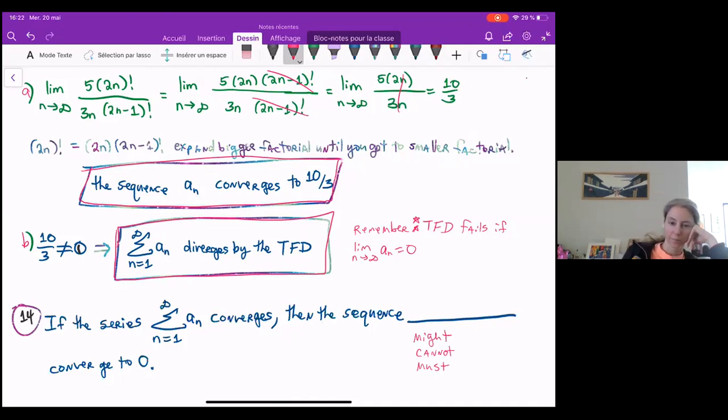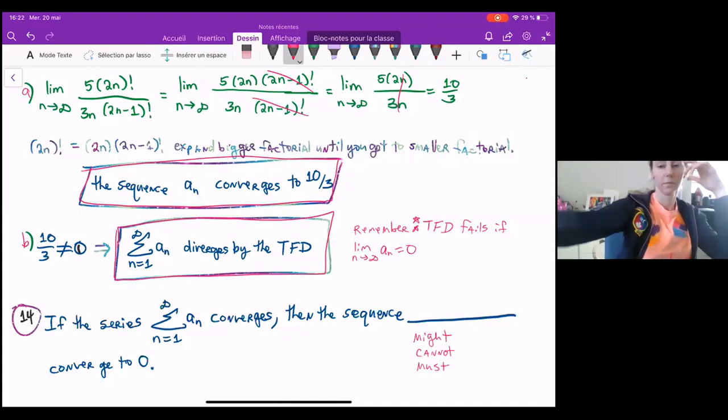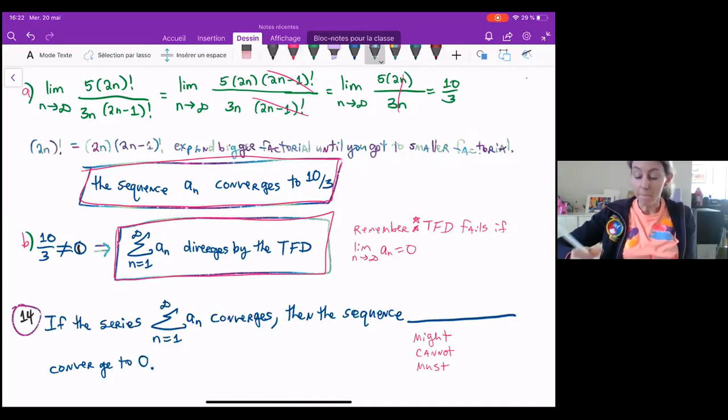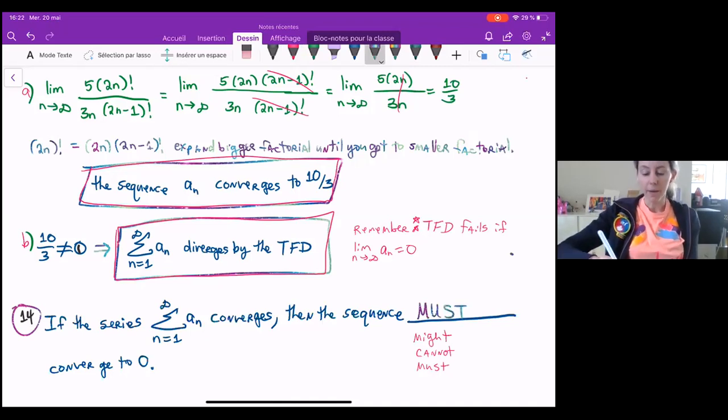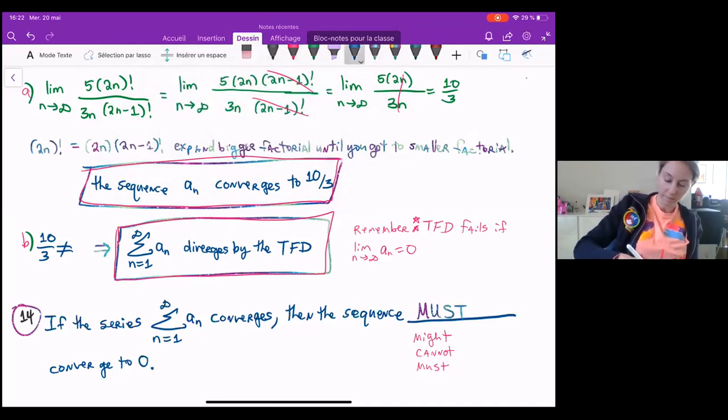What do you guys think? So this is just the definition of the test for divergence. So the answer here is actually must. And this is must because the test for divergence tells me that if the sequence does not converge to 0, like that 10/3 up there, then the series diverges.